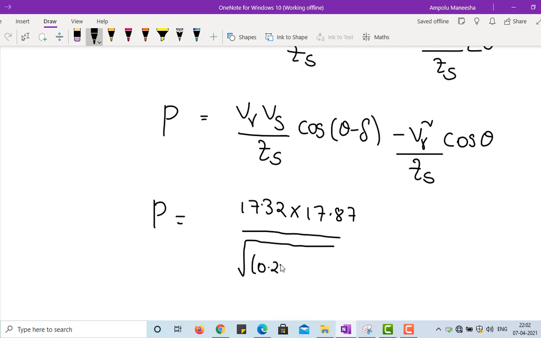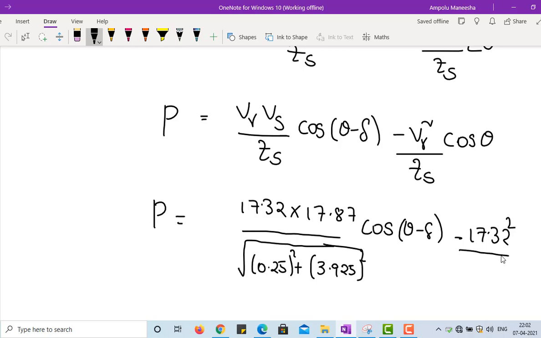That is 0.25 square plus 3.925 square into cos theta minus delta. We don't know, we need to find out, minus VR square, that is 17.32 square by Zs. Zs is root over 0.25 square plus 3.925 square into cos theta.